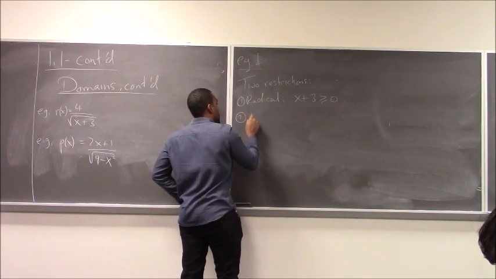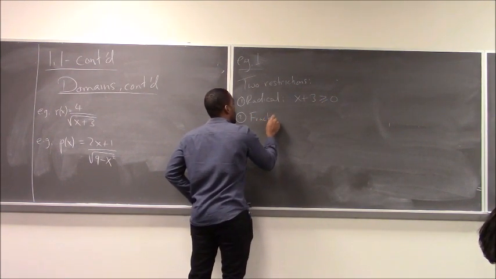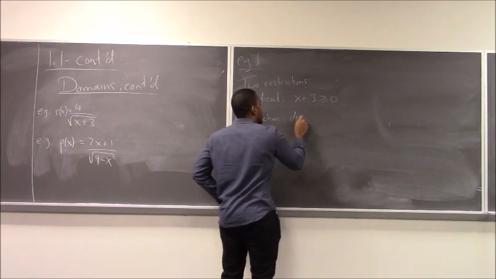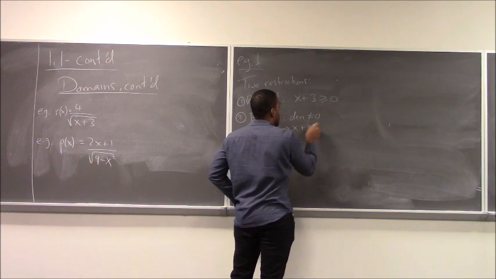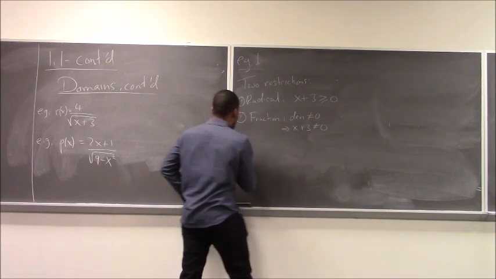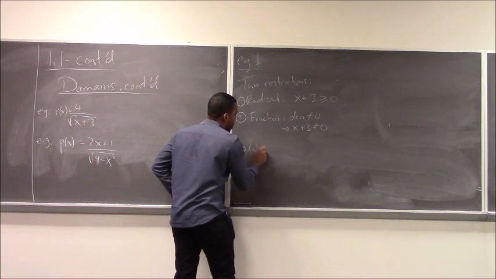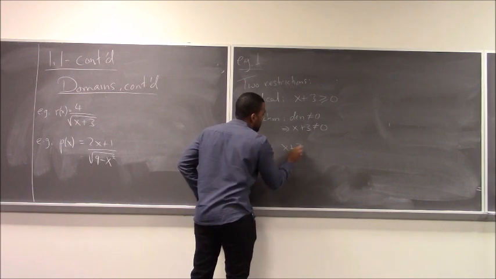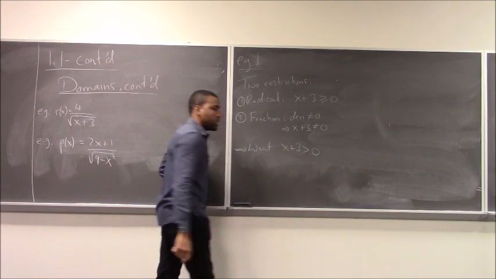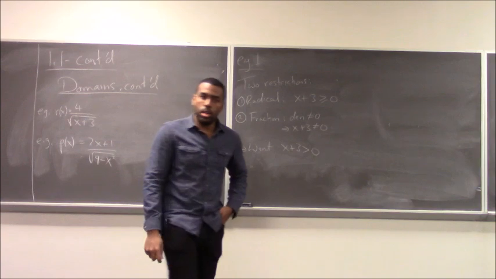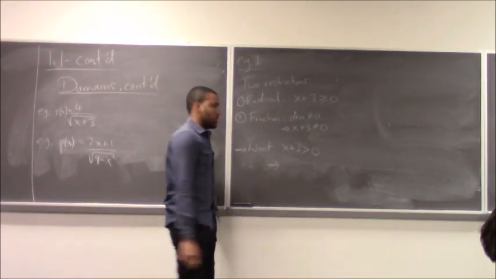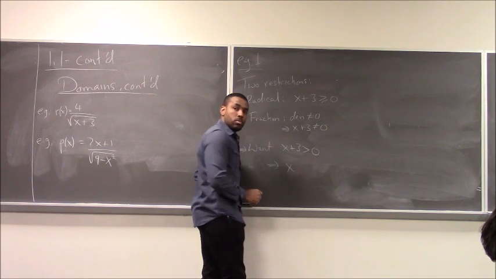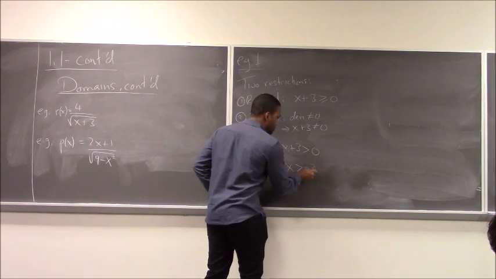And the second was the fact that it's a fraction, which means that the denominator cannot be 0. In other words, x plus 3 cannot be 0. So this means at the end of the day, what we want is for x plus 3 to be strictly greater than 0. And you just solved that inequality, right? And what do you get here? X must be greater than negative 3.